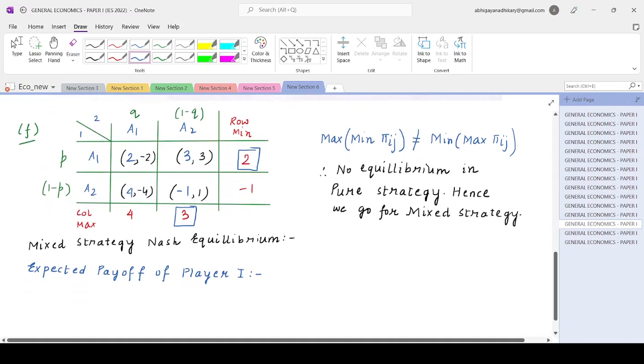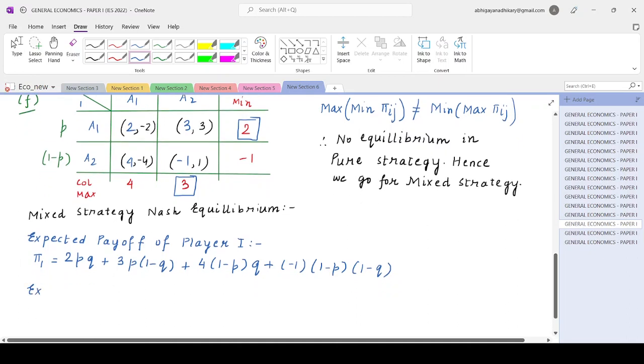So pi 1 is equal to 2 into p into q plus 3 into p times 1 minus q plus 4 times 1 minus p into q plus minus 1 times 1 minus p into 1 minus q. Correct?